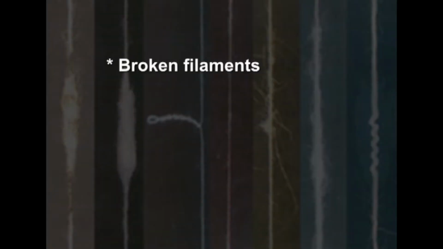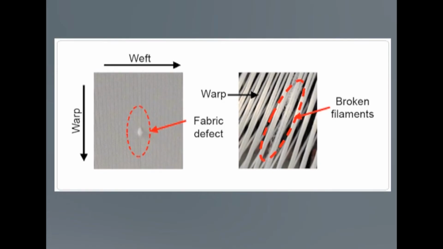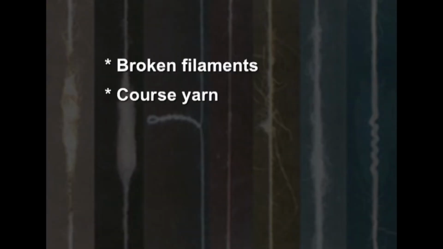And we have broken filaments, that is one of the defects. In a fabric made from flat or low twist continuous filament yarns, it is a fibrous or hairy surface appearance that may be localized or general. And if it is a coarse yarn, that is a defect: a yarn of substantially and unacceptably greater thickness than that of the adjacent yarns.